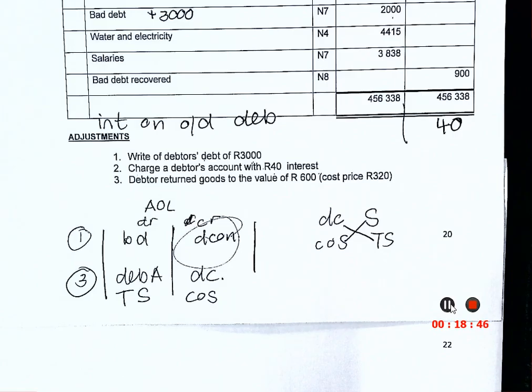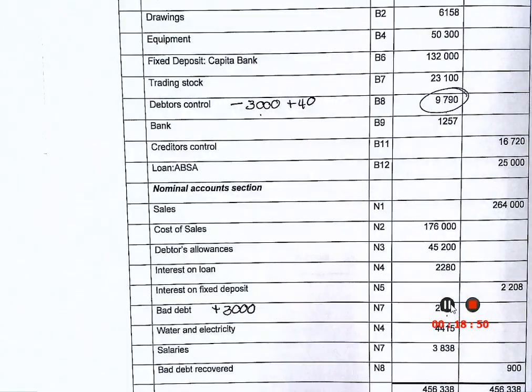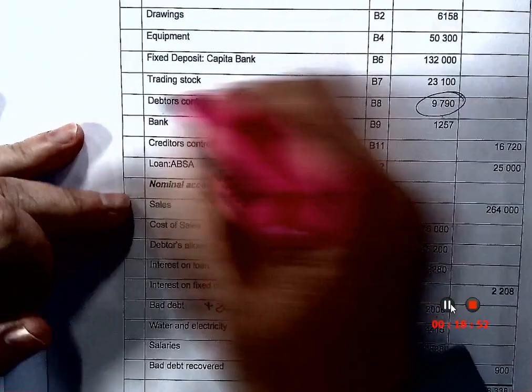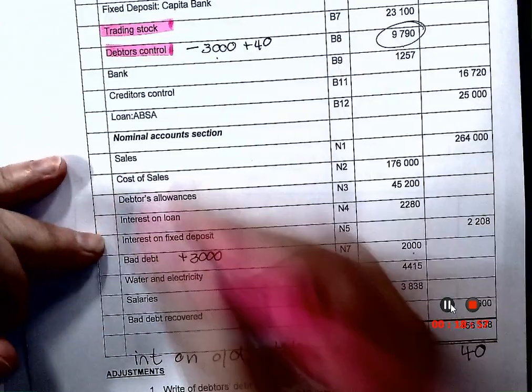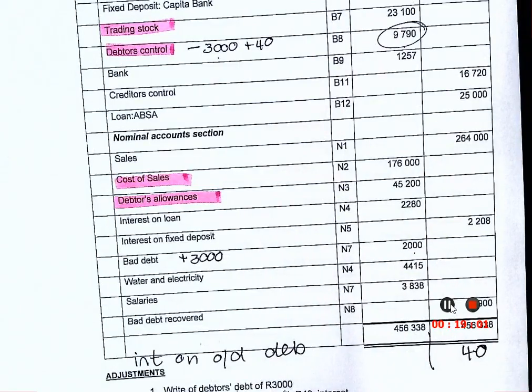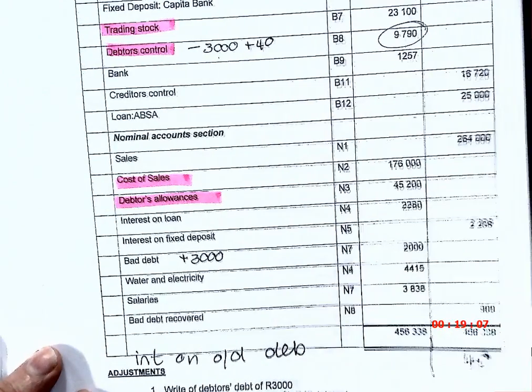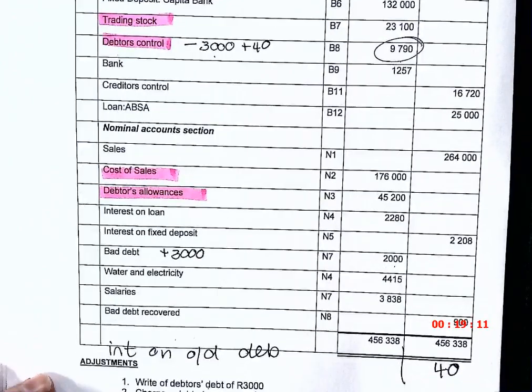So now I've got 4 accounts. If I look at the 4 accounts, can you see it's going to be debtors control and trading stock, cost of sales and debtors allowance. So that's the 4 I need. So debtors control, will debtors control become more or less in this case? Think about it.